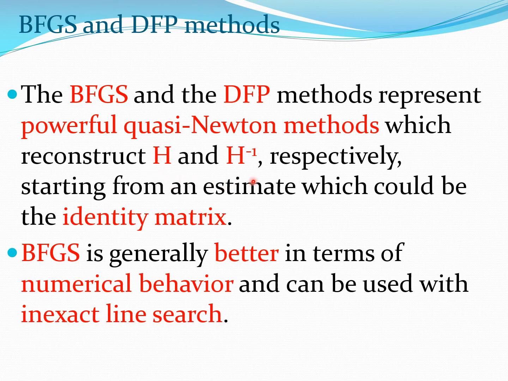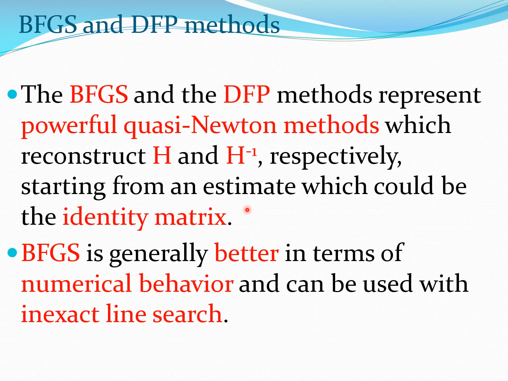However, in the DFP method you have to solve a multiplicative system, or essentially the search direction can be obtained by multiplying a matrix with a vector. So in certain cases the DFP method may be more computationally fast.